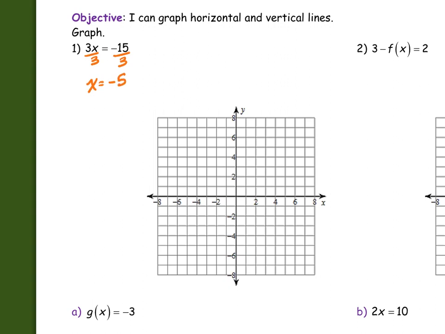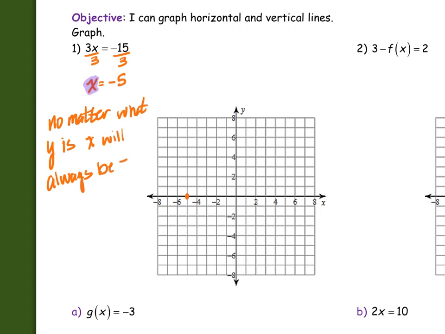So when I'm graphing, this is sometimes where people mess up. So I know I'm going to go through the x-axis, okay, because it says x equals. So I'm going to go to x equals negative 5, okay? And no matter what y is, because we don't know what y is, x will always be negative 5.